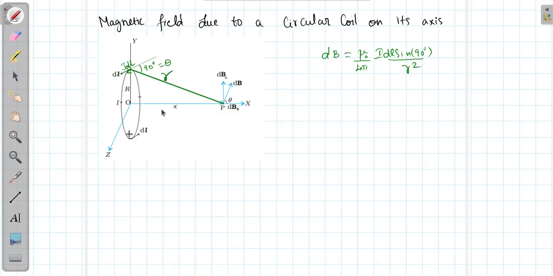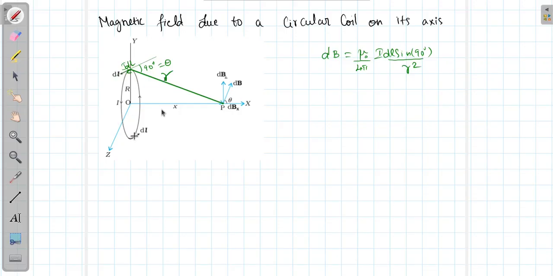But we have to go for a small change. We don't have only one particular current element dl in this direction. We have n number of dls in the entire ring.